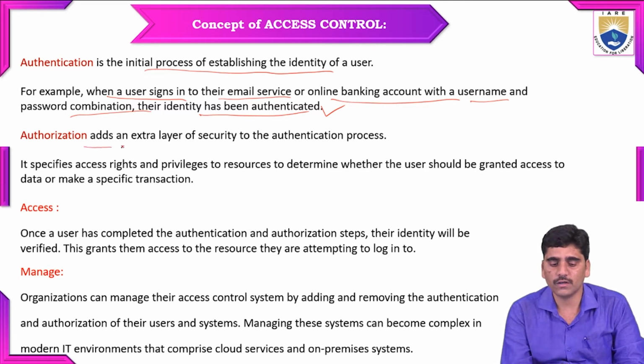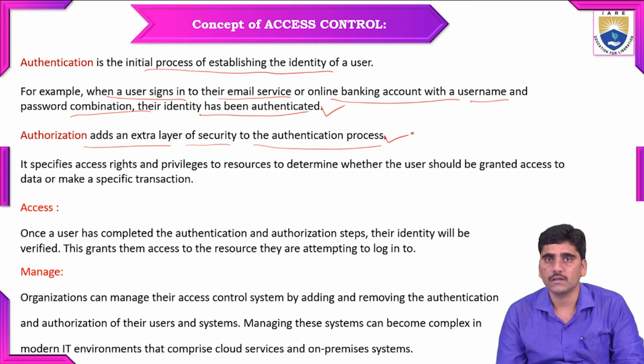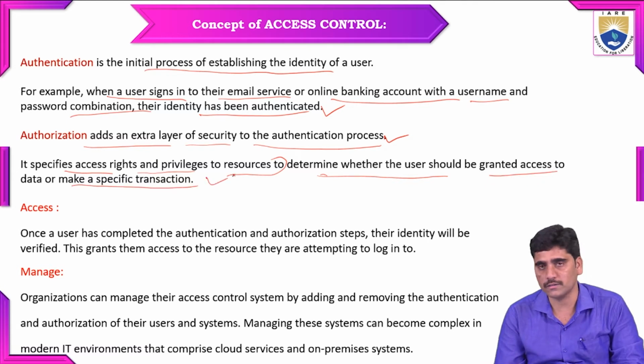And the next one is authorization. It adds an extra layer of security to the authentication process. It specifies access rights and privileges to the resources, to determine whether the user should be granted access to the data or to make a specific transaction.